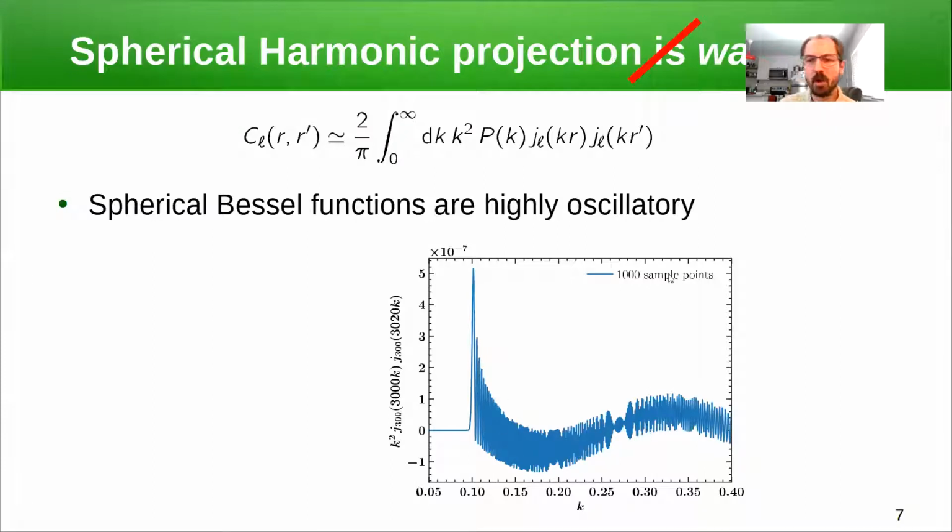And if you don't sample enough points here, then you get these beat frequencies, because this is not actually what it looks like. What it actually looks like is, of course, like this. So with 10,000 sample points in this particular case, that's what you need to actually sample this function precisely, and to do the integral for a lot of k's and r's and l's takes a lot of time and is computationally quite complex.